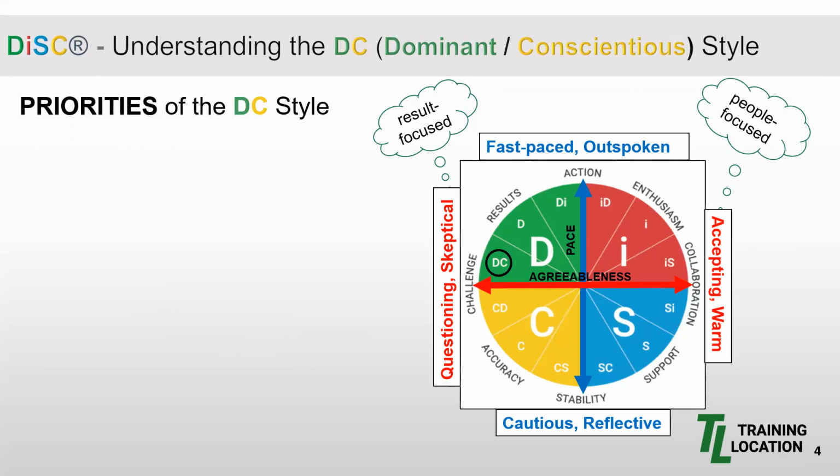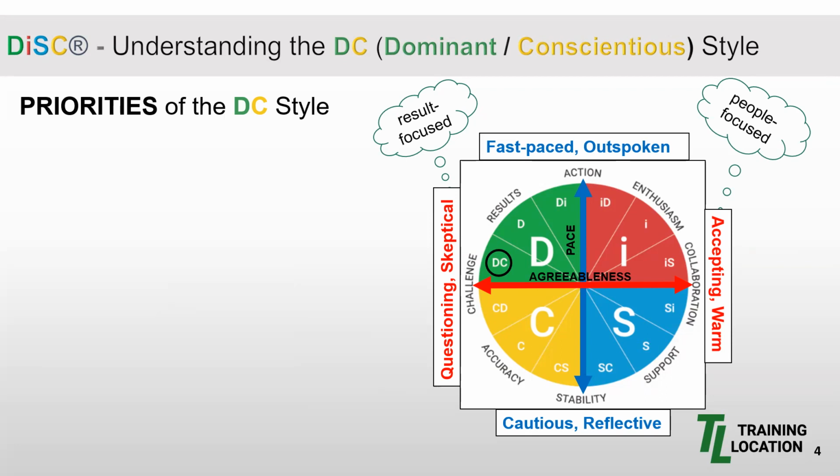So, priorities, which are listed around the circumference of the model, are the primary areas where people focus their energy depending on their DiSC style. Everybody has at least 3 priorities. Some might have 4, maybe even 5, but having more than 3 is no better or worse. So I'm sharing priorities from the Everything DiSC Workplace Profile in this example.